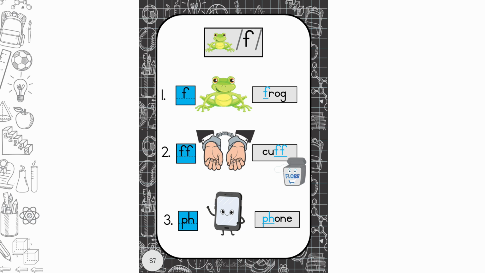Let's have a look at our sound poster. You will find it in the second part of our spelling book. If you hear the sound F and you need to write a word, you have three options, not only the F. The first option is the single F, then the double F, and then the PH.